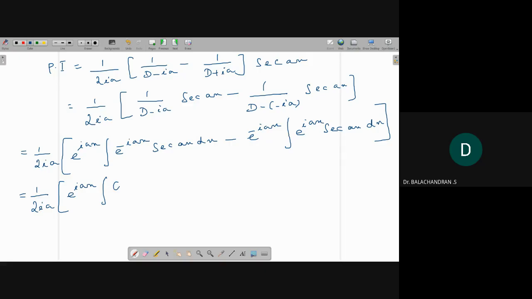That's why I'm going to write this as cos ax minus i sin ax into secant ax.